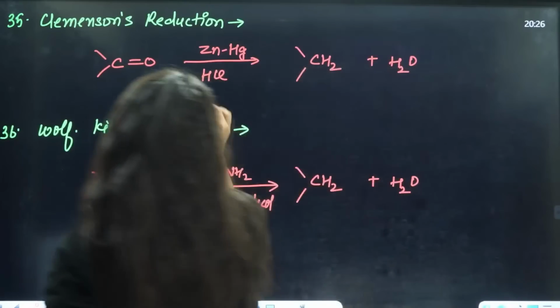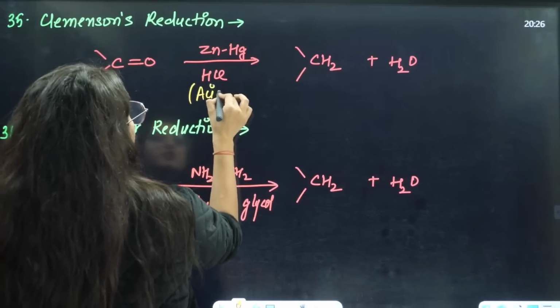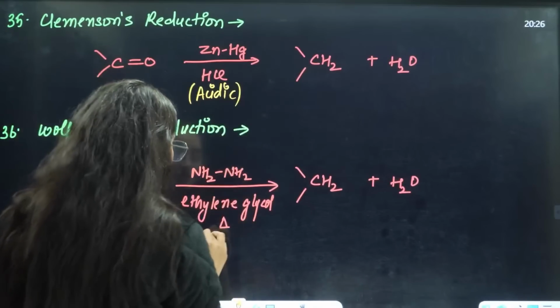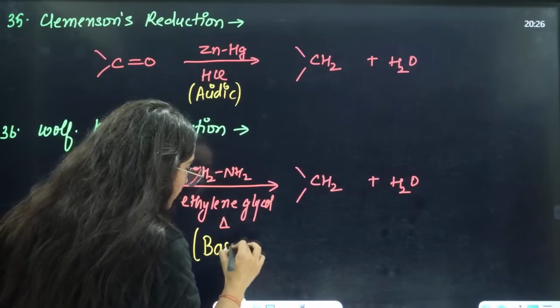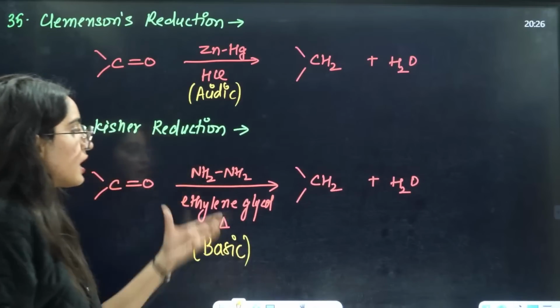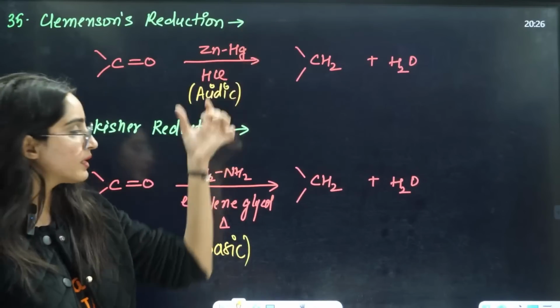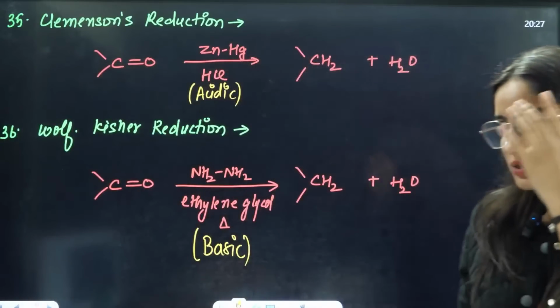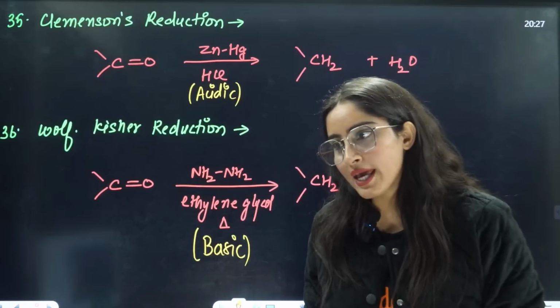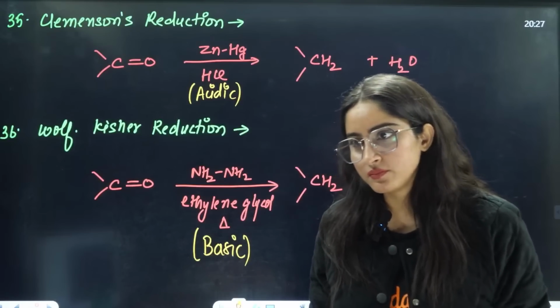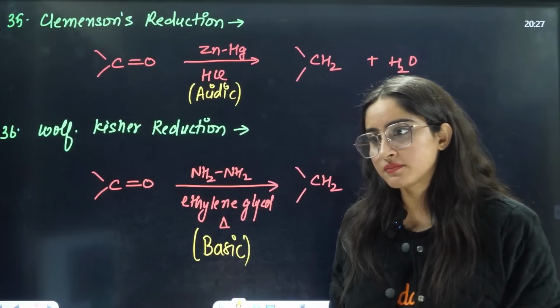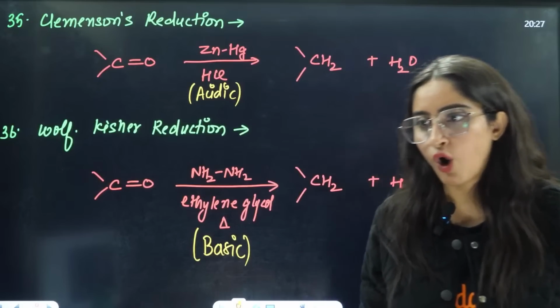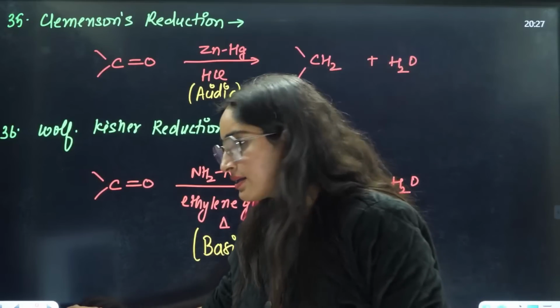So this is what is important, that in Clemmensen reduction you have acidic condition, but in Wolff-Kishner reduction you have basic condition. Here we are using zinc amalgam, here you are using hydrazine. Okay, got it? Got it, everybody?